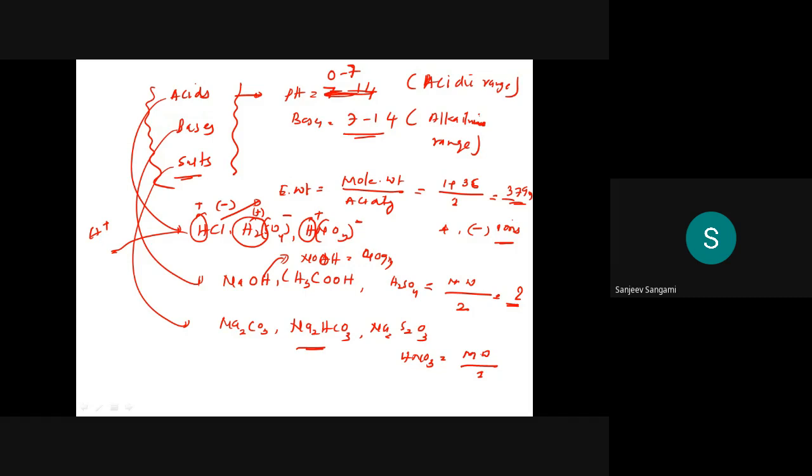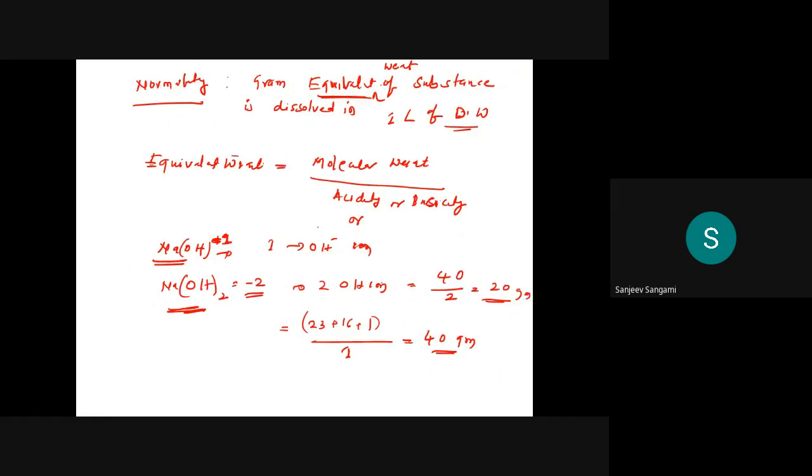Whenever you are working with normality, the gram equivalent weight of a substance dissolved in 1 liter is considered a one normal solution. So 40 grams of NaOH dissolved in 1 liter means it is one normal.